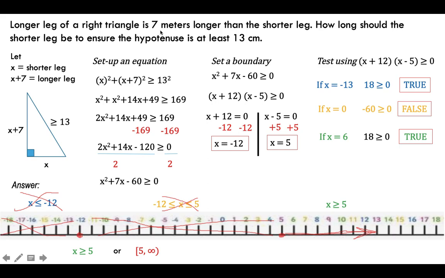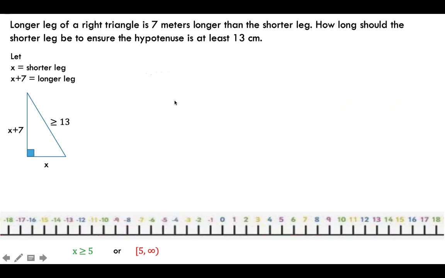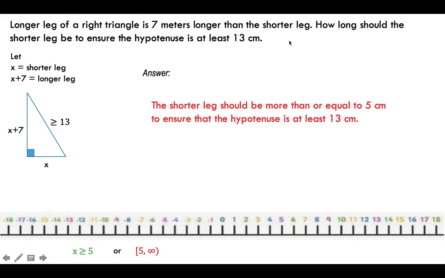So to answer our word problem, since the question is how long should the shorter leg be to ensure the hypotenuse is at least 13 centimeters, the answer is the shorter leg should be more than or equal to 5 centimeters to ensure that the hypotenuse is at least 13.